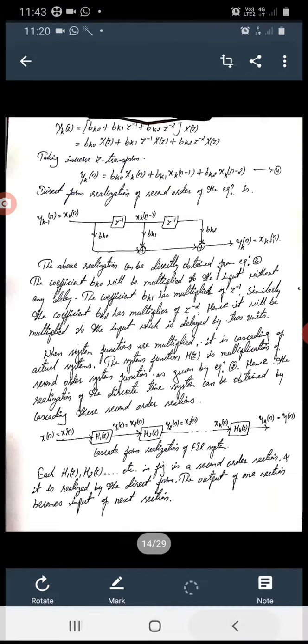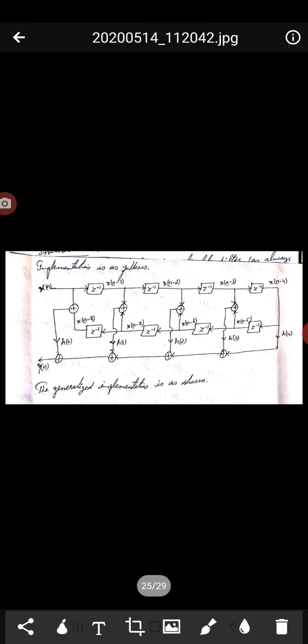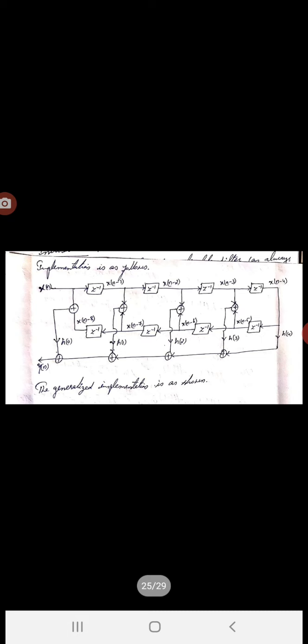Next, one more is the linear phase. Here I am going to solve a problem where your M is odd. For that reason, here it is shown, we already took the general form, here taken as M equals 9, because it is an odd number. This is the general form.